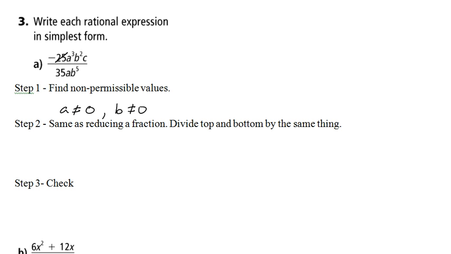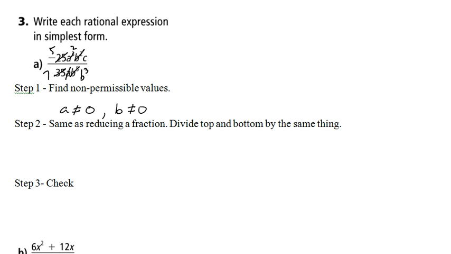So I've got 25 over 35 is the same as 5 over 7, because I can divide top and bottom by 5. A cubed over a, if I divide top and bottom by a, that bottom a goes away, and that turns into a squared. Divide top and bottom by b squared here, and I'll end up with just a 1 there instead of the b squared.